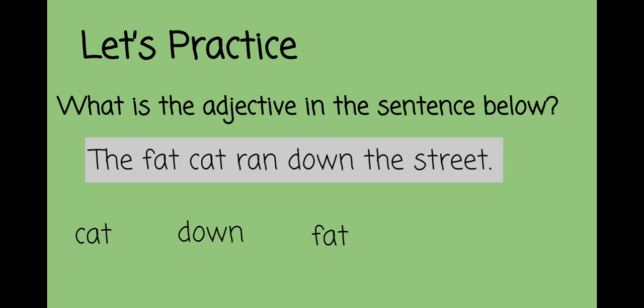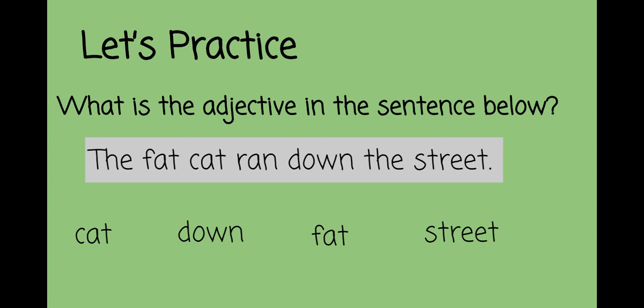Is the adjective fat? Is that describing a noun? Let's look at the other choice just to be sure before we decide. And the last choice, street. So what is the adjective in the sentence below? We know cat is a noun. Street is a noun, so we can eliminate those two.